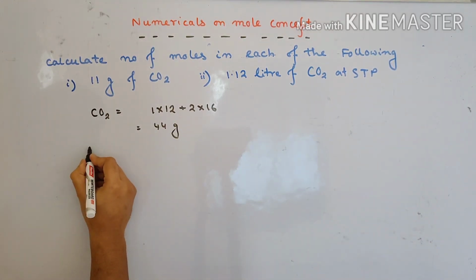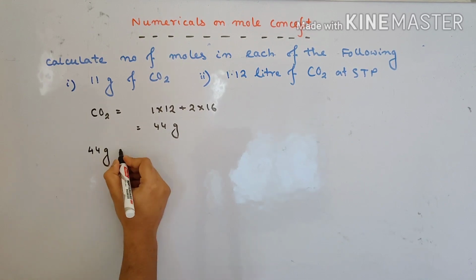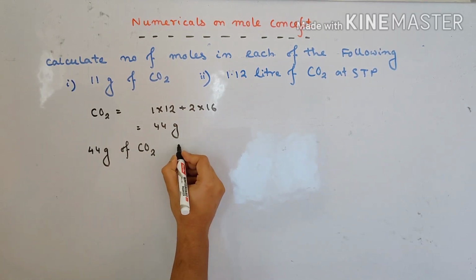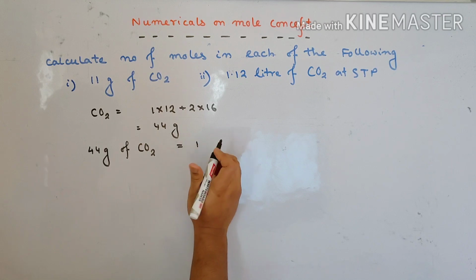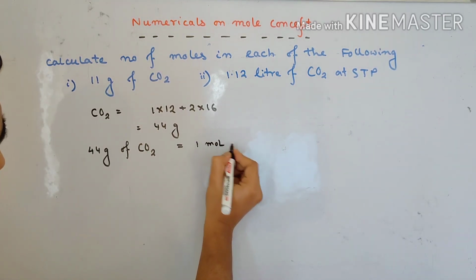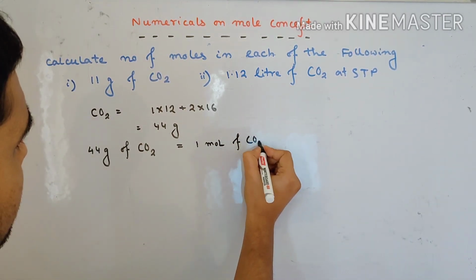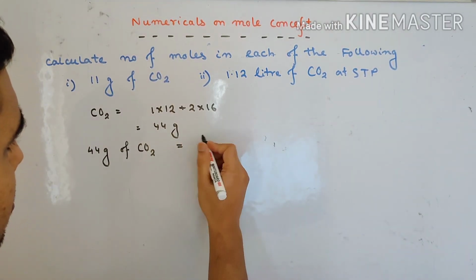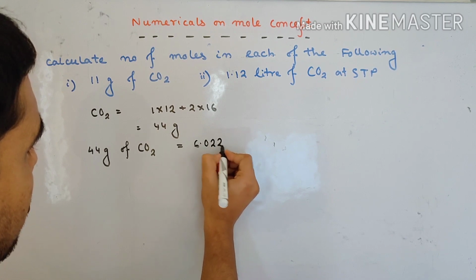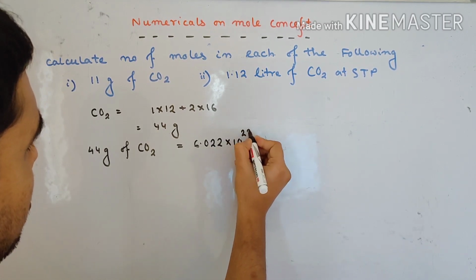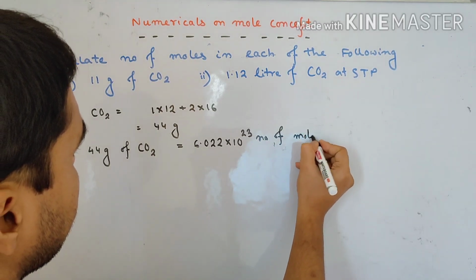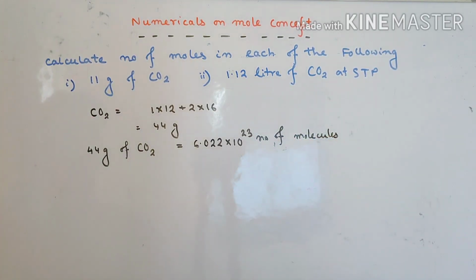Now 44 gram of CO2 is equal to 1 mole of CO2. So we can also say it should be equal to 6.022 into 10 to the power 23 molecules.